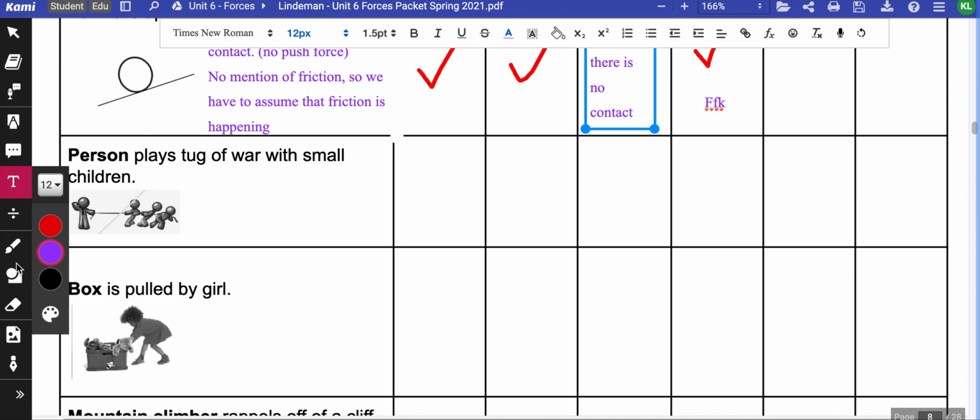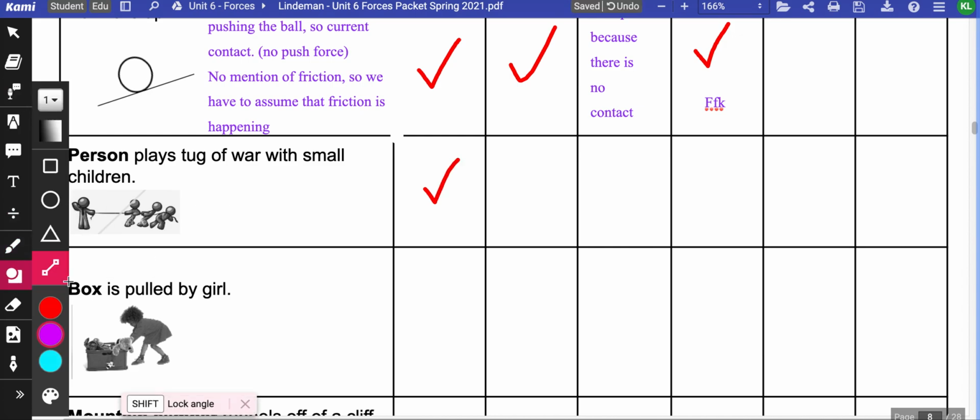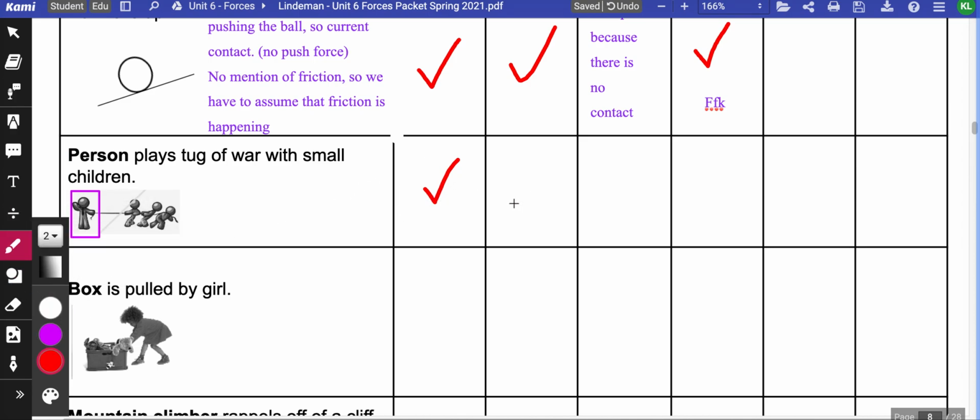Okay, so we definitely have gravity force, and specifically with this, we are looking at this person. This is the person that we're drawing the free body diagram of. So we're definitely on planet Earth. We definitely have normal force. The guy is just standing there. We definitely have pull force because he is pulling the children.